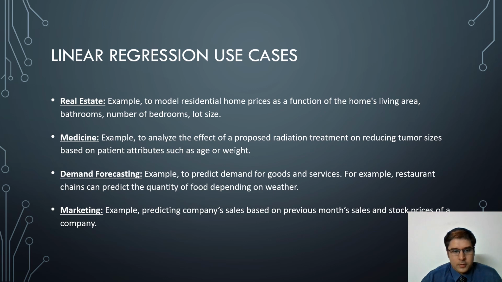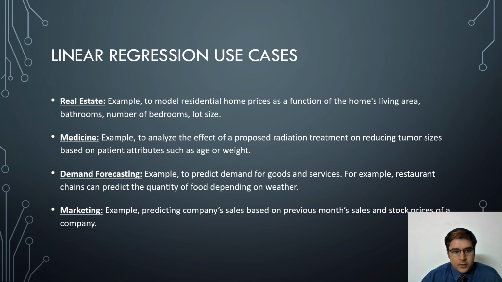Second example would be medicine. For example, to analyze the effect of a proposed radiation treatment on reducing tumor sizes based on patient attributes such as age or weight. So given past data about age and weight of patients and how they survived the radiation treatment, we can predict the effect of a radiation treatment on a current patient given his age or weight.